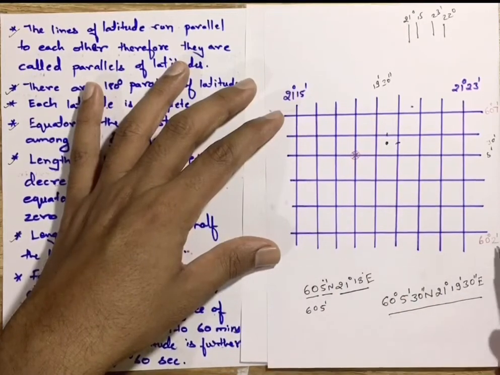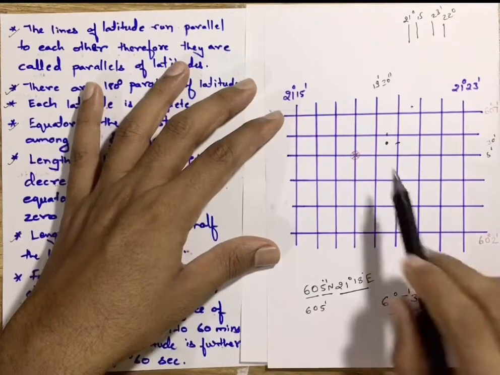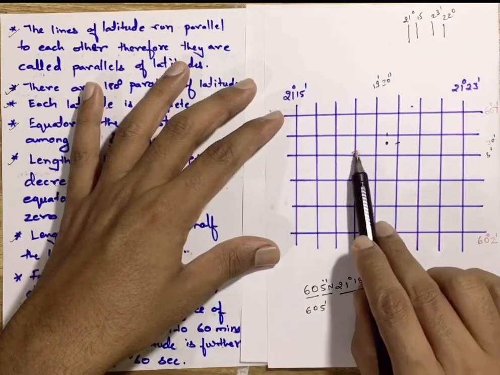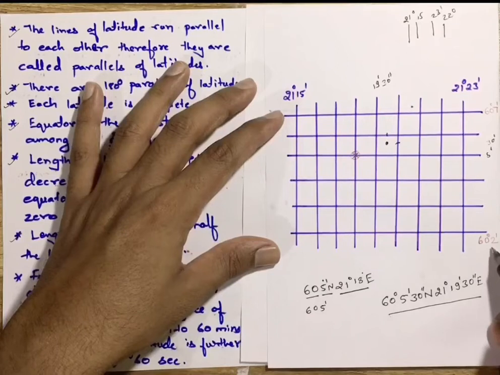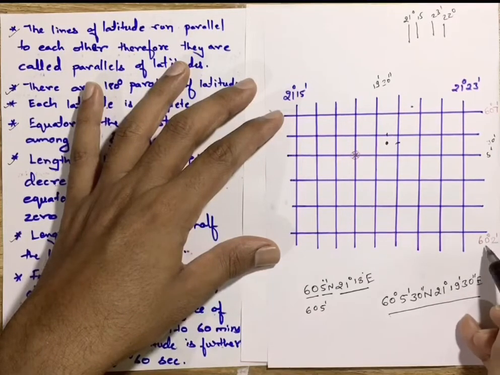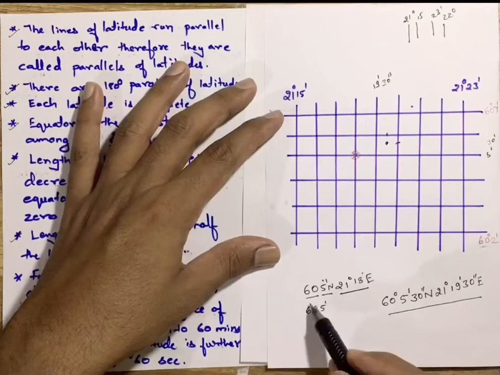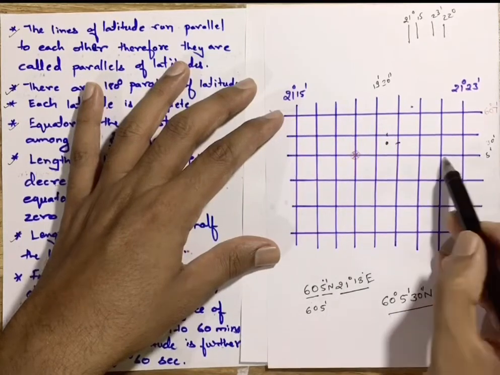This is 60 degree 2 minutes north, this is 60 degree 3 minutes north, this is 60 degree 4, 5, 6 and 60 degree 7 minutes north. Now we'll see what is the location of this particular place. You can see over here, I'll write first the latitudinal location. I'll write 60 degree, 5 minutes.